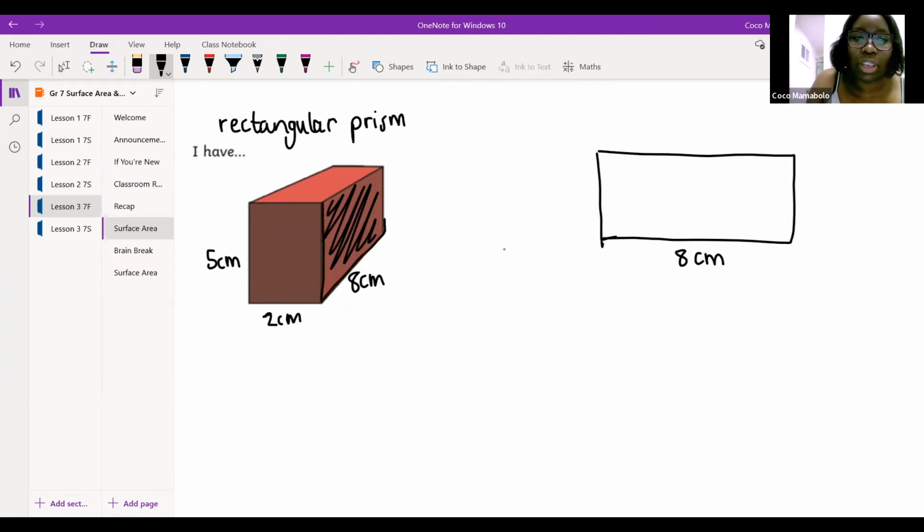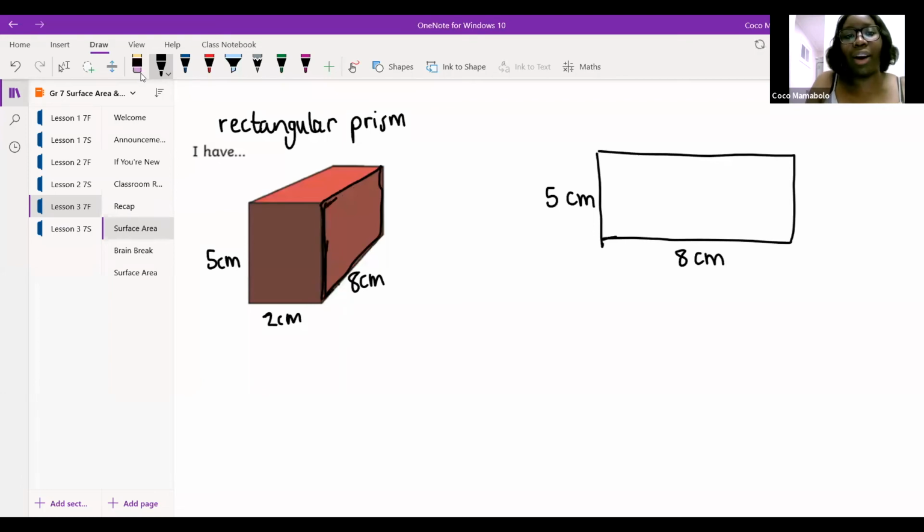What is this shorter side of my rectangle going to be? Okay, think about it, guys. Excellent, you guys are getting it. It's going to be 5 centimeters. Let me write it properly. Yes, 5 centimeters, because I'm looking at this long side over here.